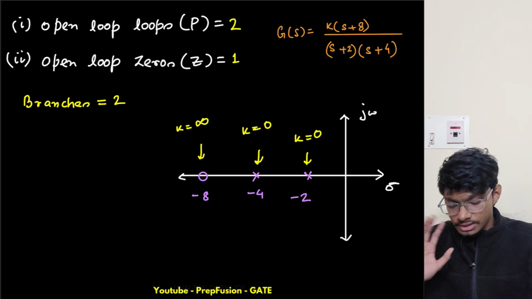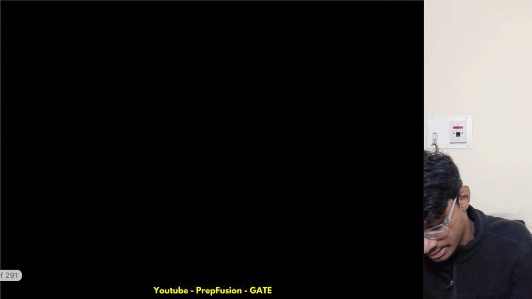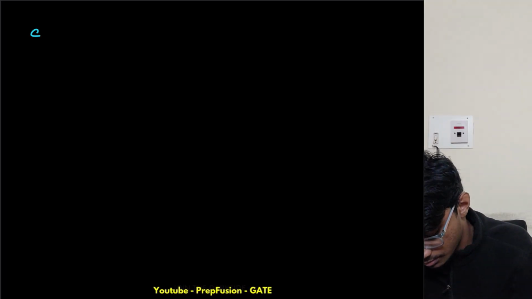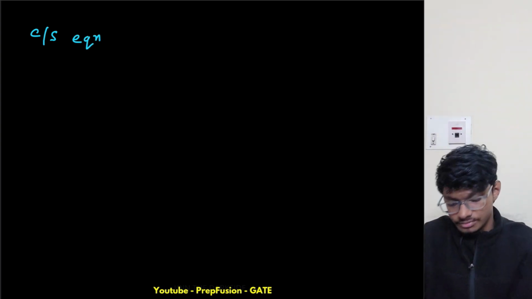That we cleared. So now what is my characteristic equation? This is a positive feedback, right? So what does my characteristic equation become?